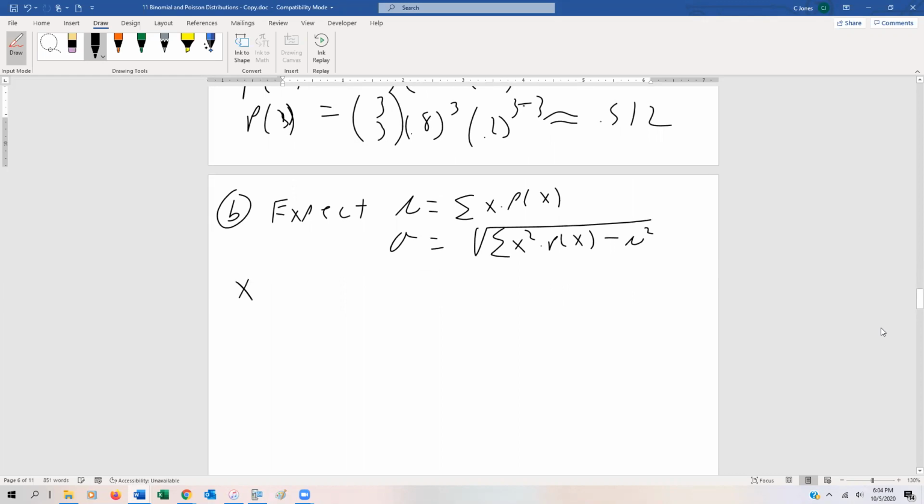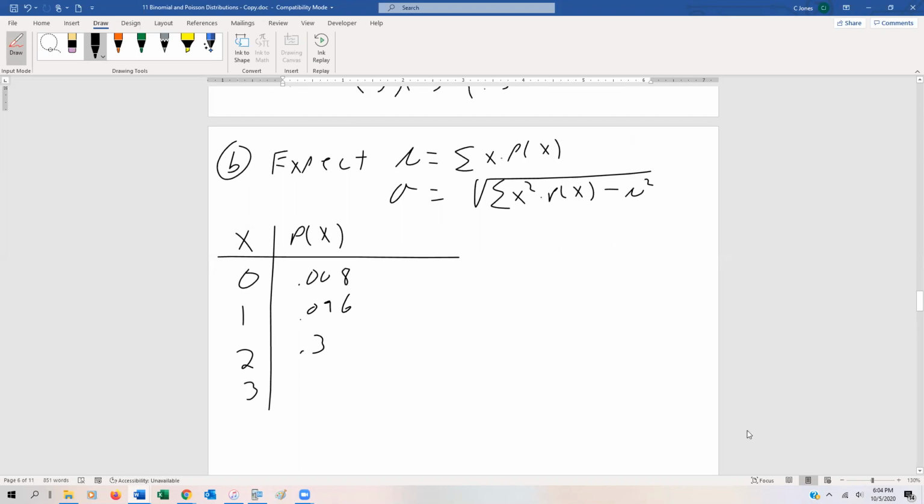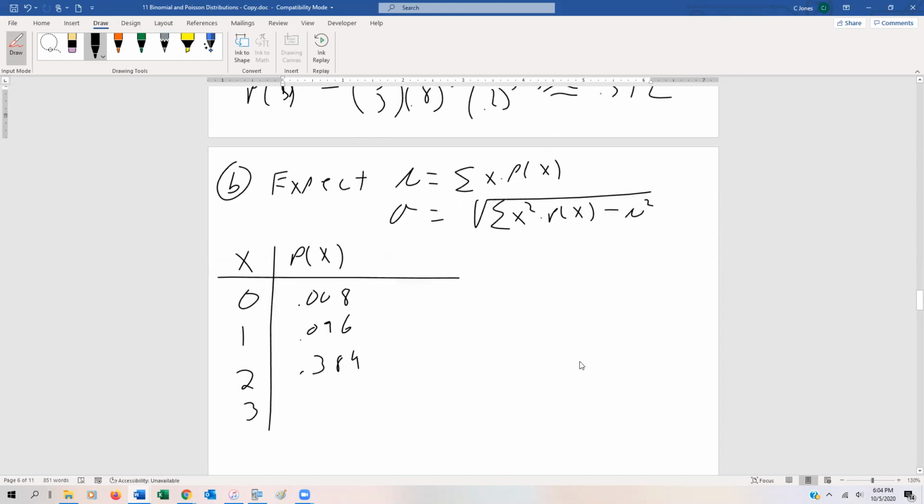So remember we had x was 0, 1, 2, 3. And our p of x that we just got, hopefully I don't make a copy error again. So 0.008, 0.096, 0.384 again, and 0.512. Okay, and we're going to do x times p of x. This is going to help us get our mean.